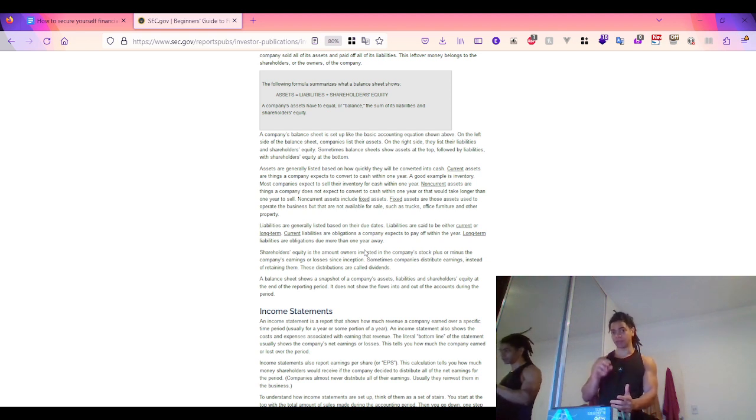Intangible assets such as patents, which are exclusive rights to inventors, so they can manufacture, distribute, and sell their invention over a period of time.